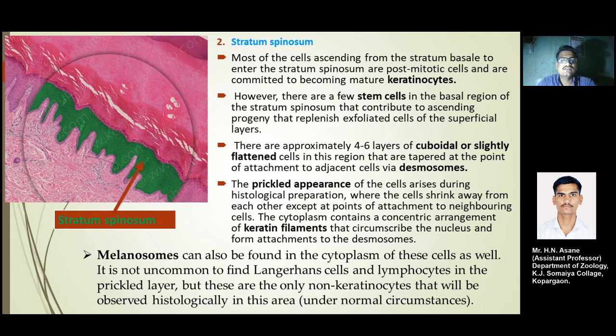It is not uncommon to find Langerhans cells and lymphocytes in the prickle layer, but these are the only non-keratinocytes that will be observed histologically in the stratum spinosum under normal circumstances.